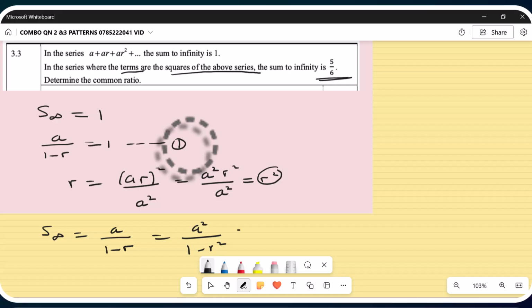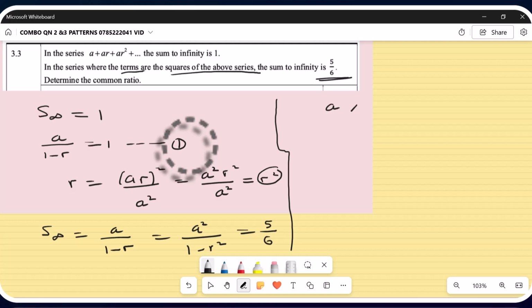Now my question, don't forget, says I should find the common ratio r, right? So I need to eliminate the a. What do I do here? I can open brackets. My 6a equals 5 plus 5r.